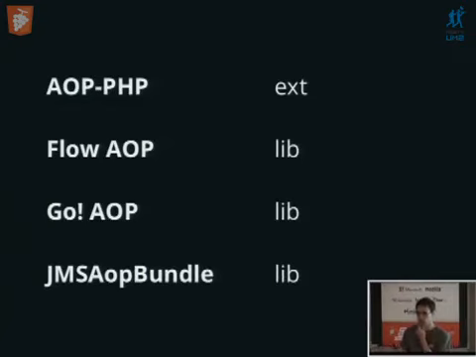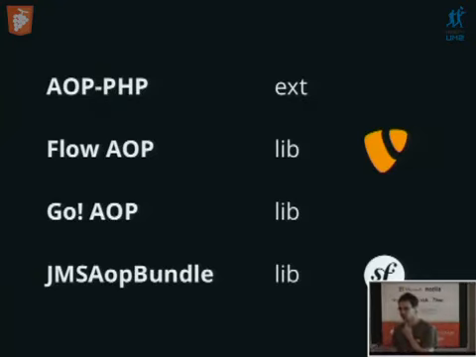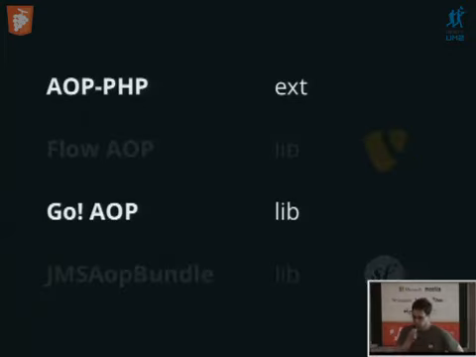Though not all of them can be used everywhere. Flow AOP is only part of the Flow framework. I think it's a component, so you could bring it out, but it's mostly designed to work with the Flow framework. And JMS AOP bundle works only with Symfony. So I'm going to focus on these two, because they're the most portable and you can really reuse them across your projects.